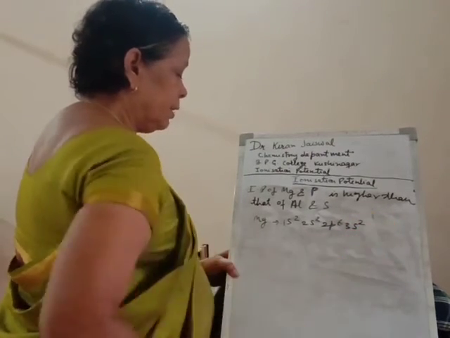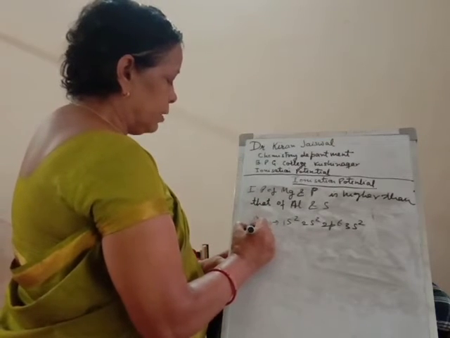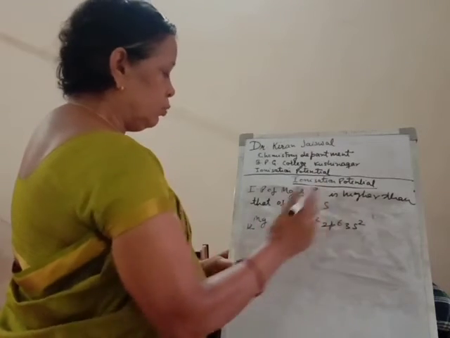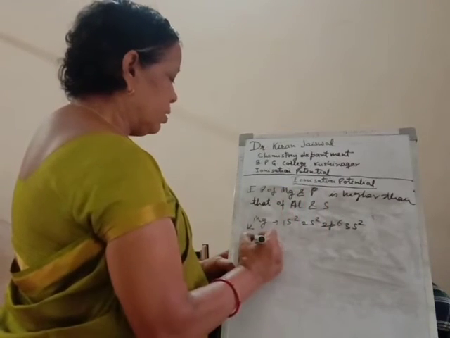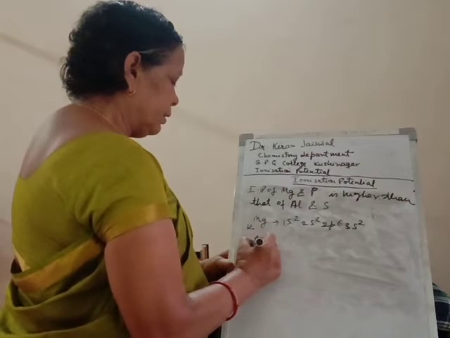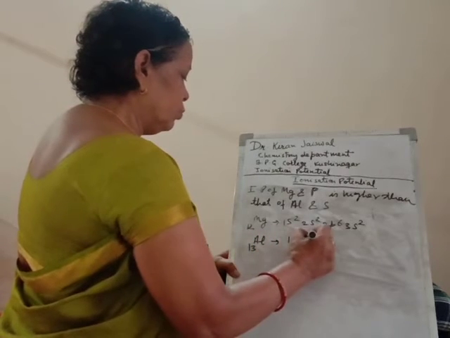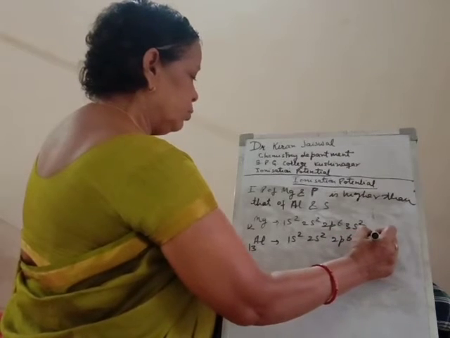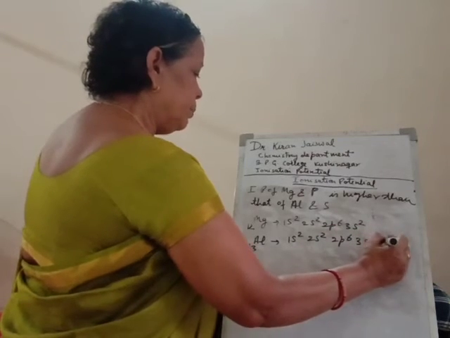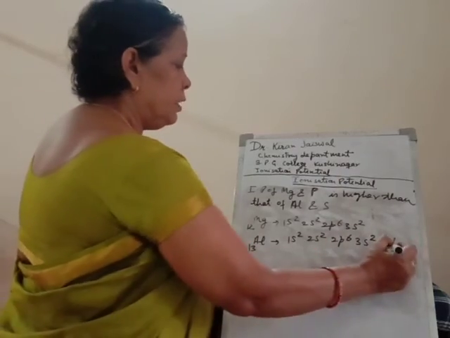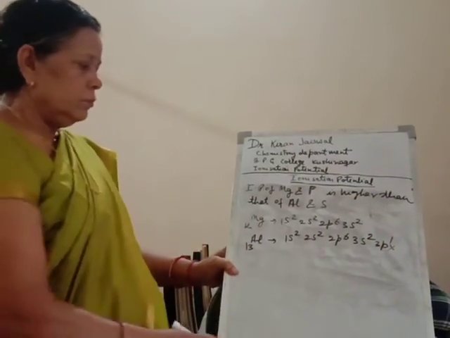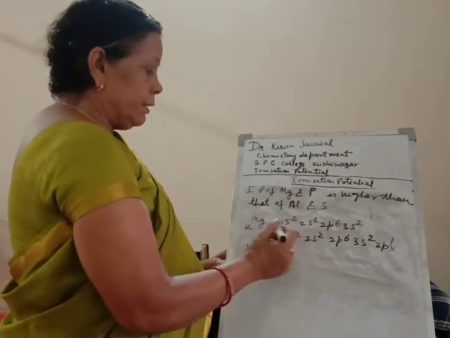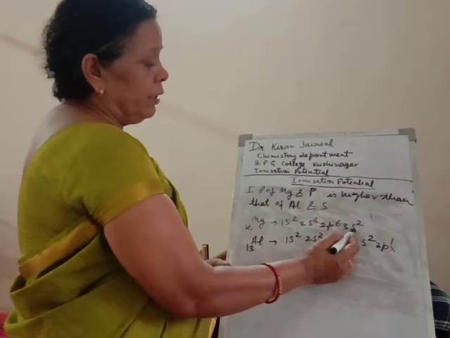And the electronic configuration of aluminum, atomic number 13, is 1s2, 2s2, 2p6, 3s2, 3p1, that is 3px1. In the case of magnesium, it has a fully filled s orbital.